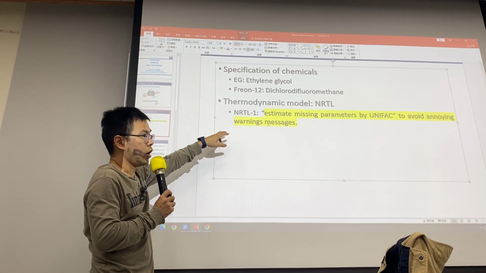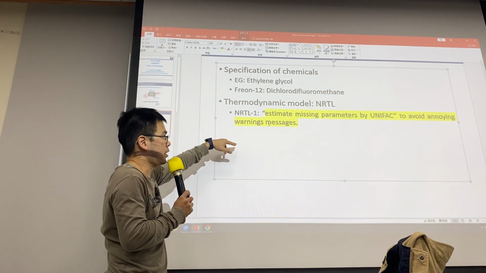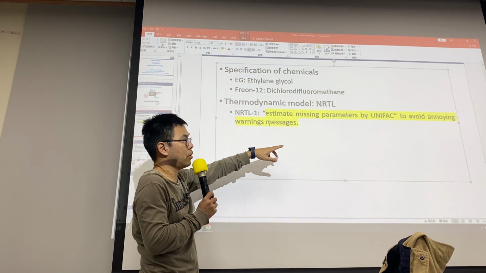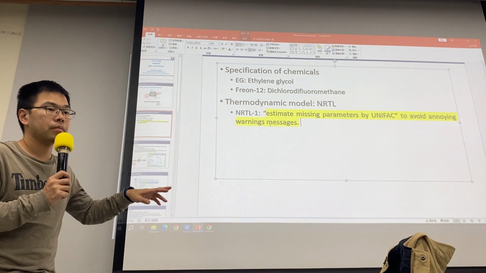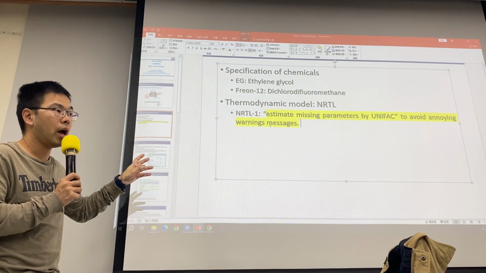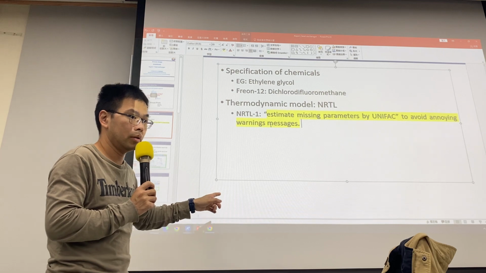So when you develop your thermal model, I suggest you click estimating the missing parameters by UNIFAC. Okay. But indeed, Aspen Plus has the default parameters for this pair already.